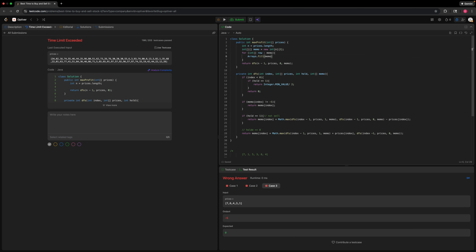Fill the memory. Index. There are two variables.